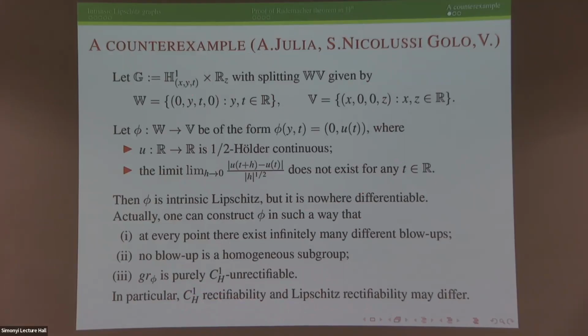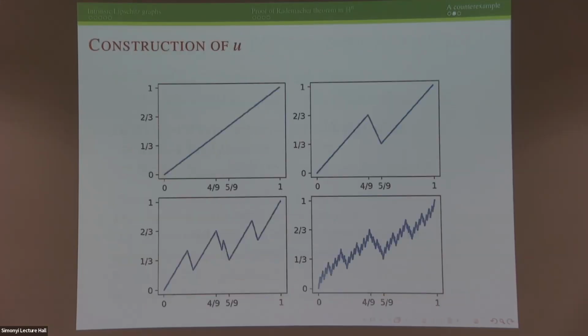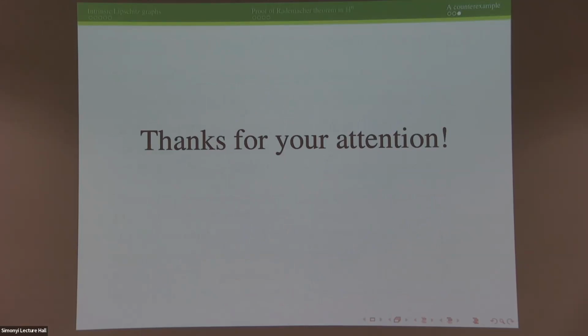The fun thing is that, if I remember correctly, this submanifold, which might look quite wild, is also a minimal submanifold because it has a constant intrinsic tangent somehow. So the theory of minimal submanifolds also fails, apparently, in this setting. I will skip the construction of u. Thanks a lot for your attention.